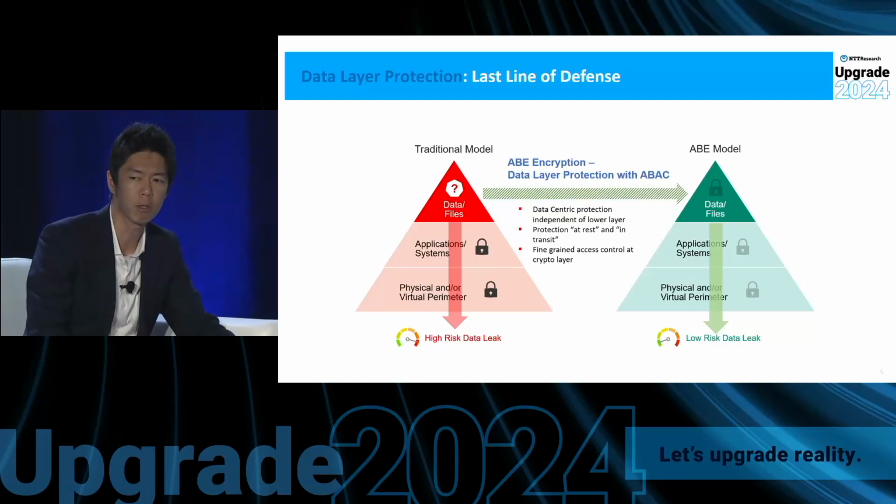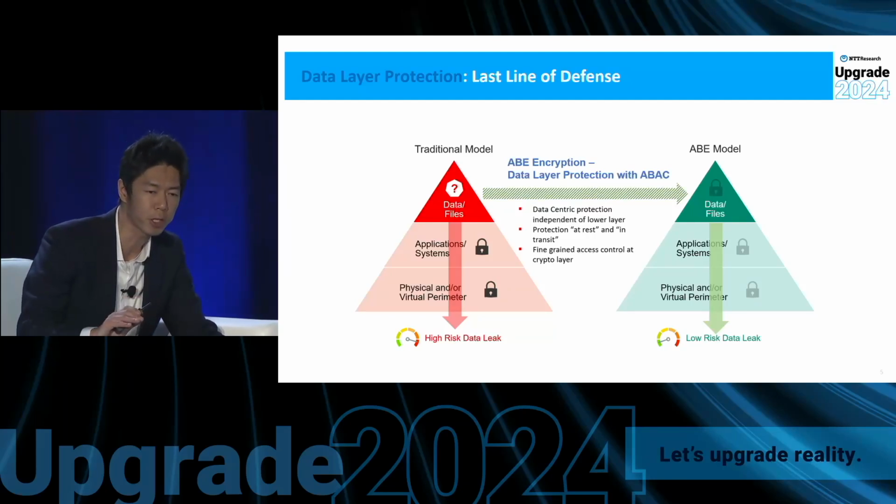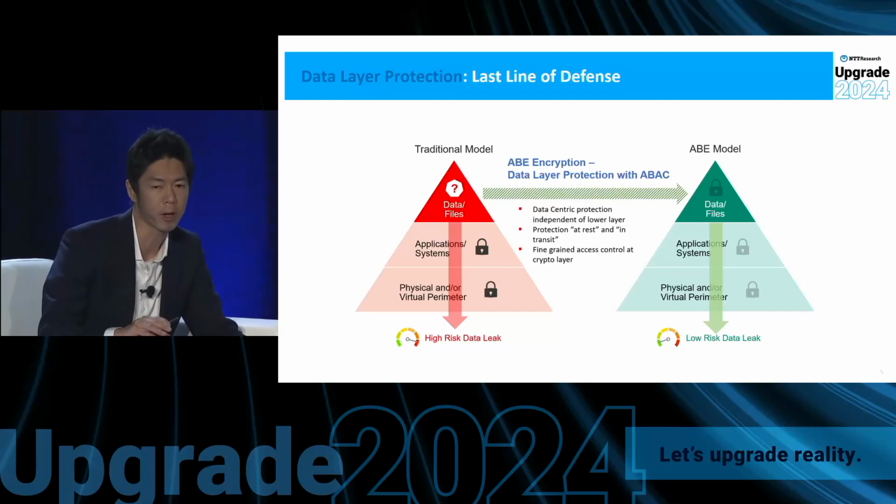You may think that we already have some access control features implemented in some systems. And yes, you are right. But most systems implement such access control features at the application level, system level, or maybe physical layer level. Physical layer level means, let's say, hard disk drive encryption.